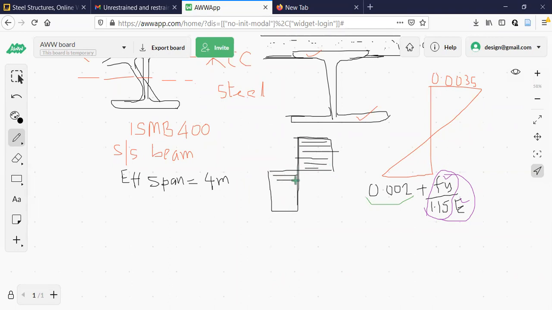Exactly along the neutral axis, they are separated into two rectangles. Now look at this diagram and this one. The major difference is every layer has yielded here. It means the complete plastic zone has been crossed.